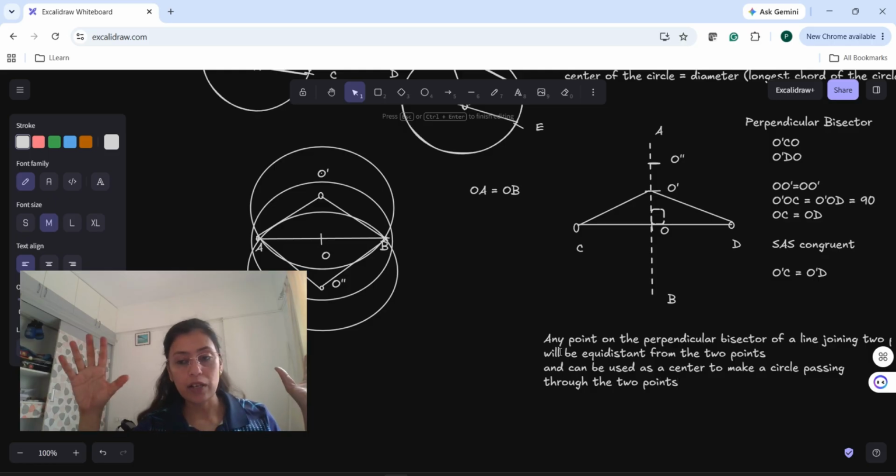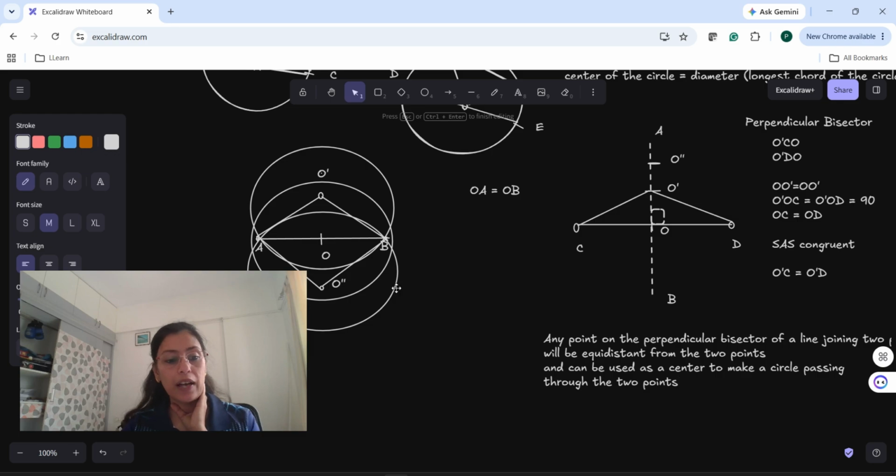It may seem very confusing, but this is what I have explained. When I'm writing it, it may seem confusing. But what I'm basically saying is, any point on the perpendicular bisector of a line joining 2 points, the line joining 2 points is CD. Any point on the perpendicular bisector, O dash, O double dash, will be equidistant from the 2 points. So here O dash C, O dash D, they are equidistant.